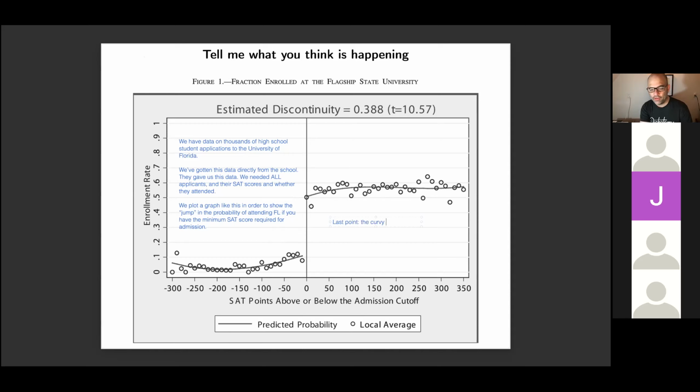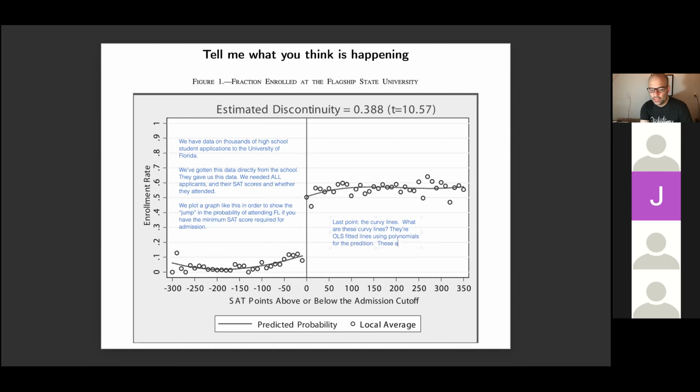The curvy lines. What are these curvy lines? What are they? Anybody want to guess? Moving average? Yeah, they're OLS fitted lines using polynomials for the prediction.